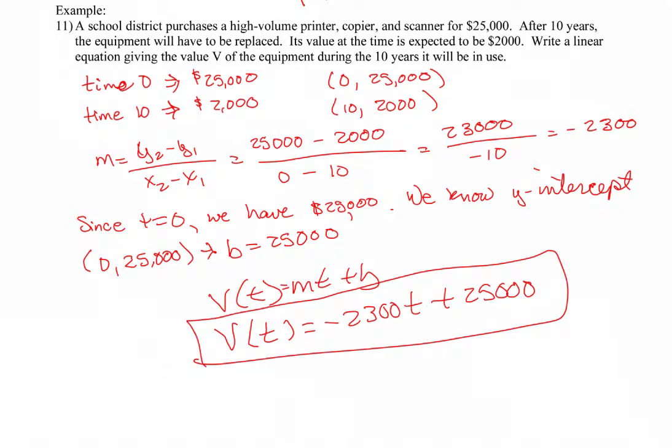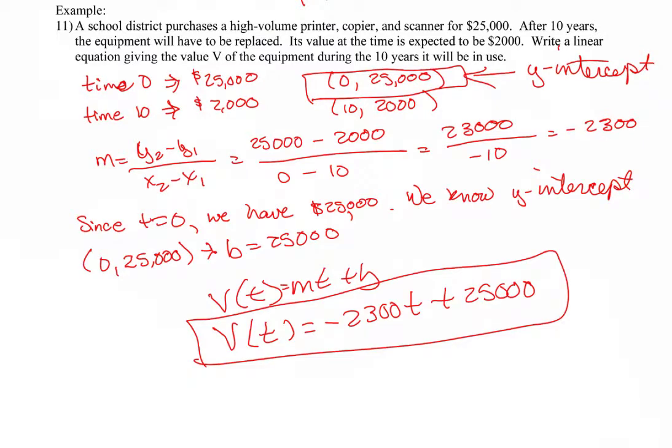So that would be our final answer. What I'm trying to get you to see is that the y-intercept is always the point (0, b). So this is our y-intercept. So we don't have to actually find the other point because it's given to us.